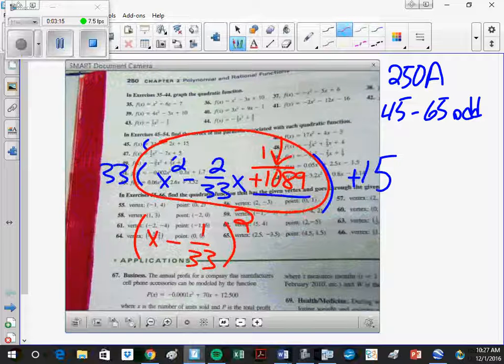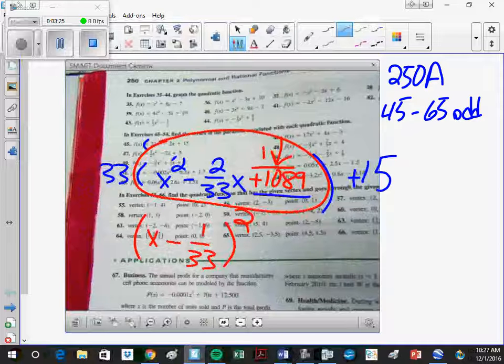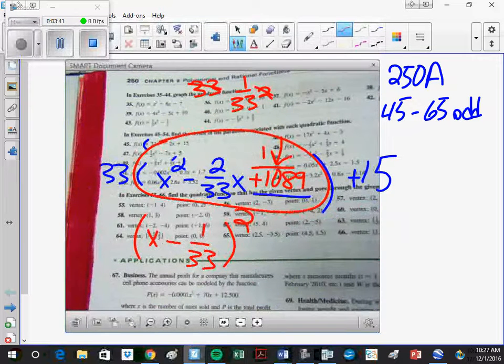Okay. Now, it's not really a 1 over 1089. It's 33 times that, and let's be a little bit smart. What is 33 times 1 over 1089? 1 over 33. Because this is just 1 over 33 squared. So if I take 1 over 33 squared and I multiply it by 33, so that was kind of nice. That didn't take too much thinking.